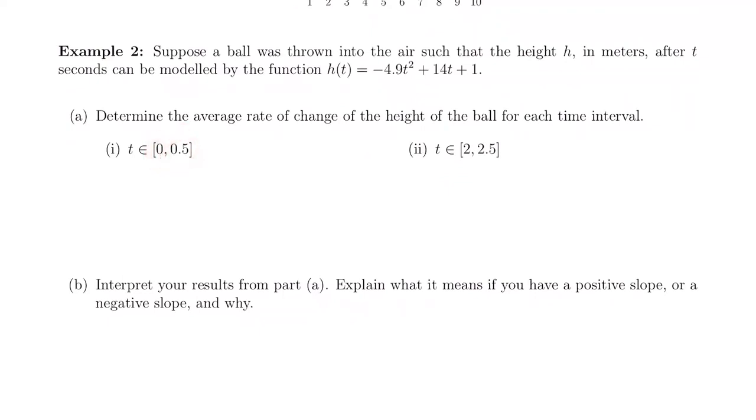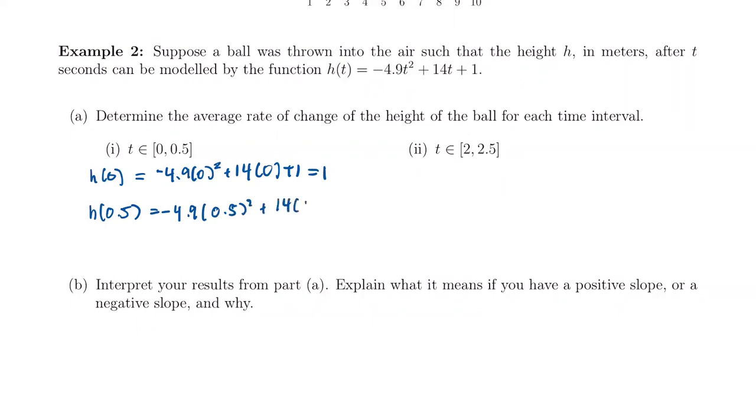We want to calculate h of 0, and we also want to calculate h of 0.5. Putting in negative 4.9 times 0 squared plus 14 times 0 plus 1, this is just going to equal 1. Similarly for 0.5, we would say negative 4.9 times 0.5 squared plus 14 times 0.5 plus 1. This value is going to give you approximately 7.775.